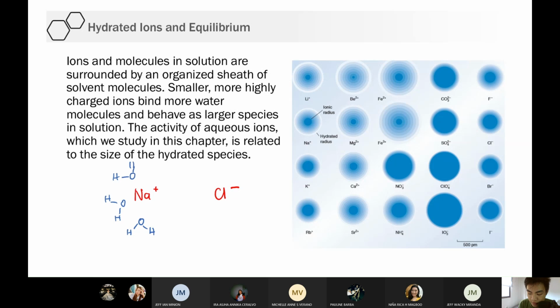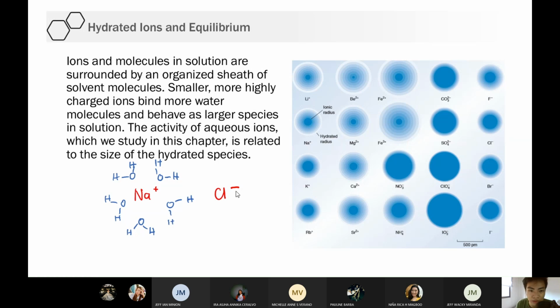So this is how our sodium ion looks when dissolved in water. They have this hydrated sphere, surrounded by water molecules. The oxygen part is pointed towards the sodium, as oxygen has a partial negative charge. They are attracted because they have opposite charges.